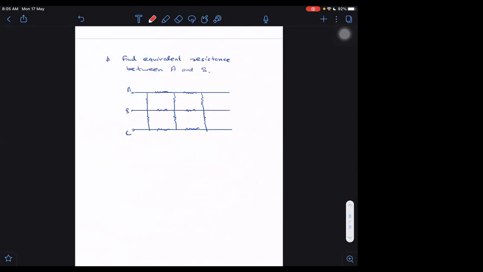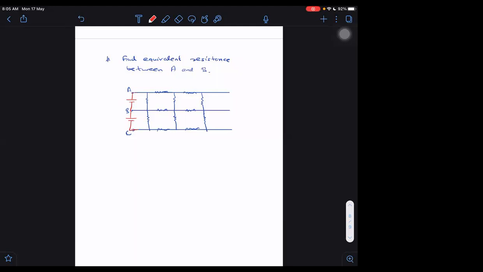What I will do here, I will assume that I am connecting a battery here like this, between A and B. It will make some current flow. We don't know what current it will make flow, but wait a second.